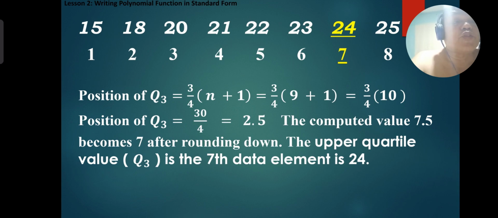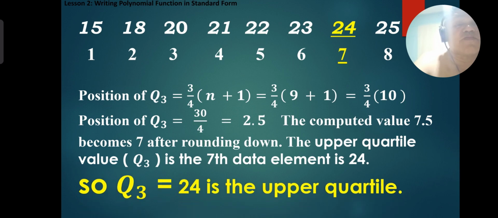The computed value, 7.5, becomes 7 after rounding down. The upper quartile value is the 7th data element, which is 24. Therefore, quartile 3, or the upper quartile, is equal to 24, in the 7th position.